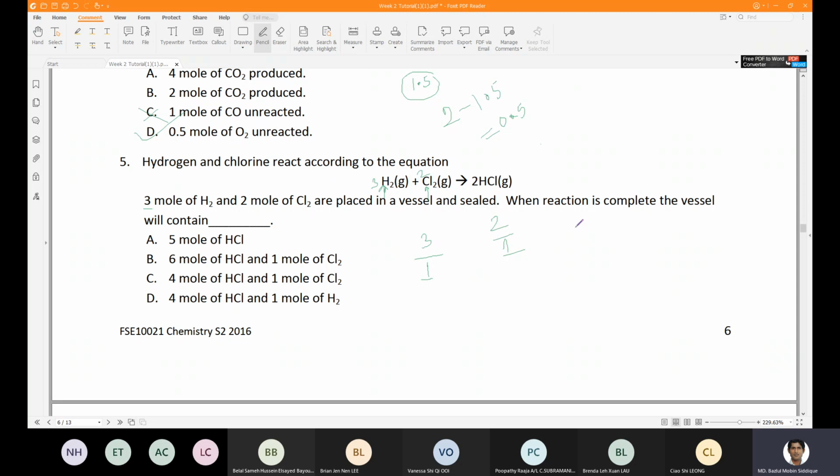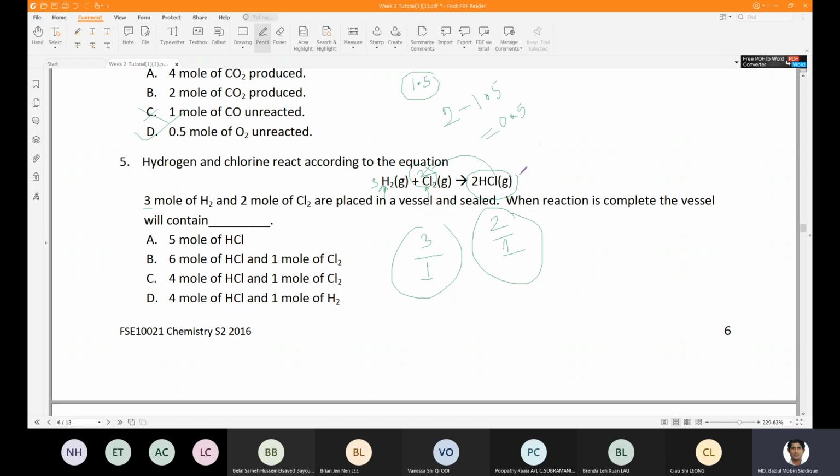So we divided it and we find that, of course, this is 2 and this is 3. So chlorine will be the limiting reactant here. Chlorine will finish up faster, or it will be completely used up in the reaction. Since chlorine is the limiting reactant, the product will follow the limiting reactant mole ratio.